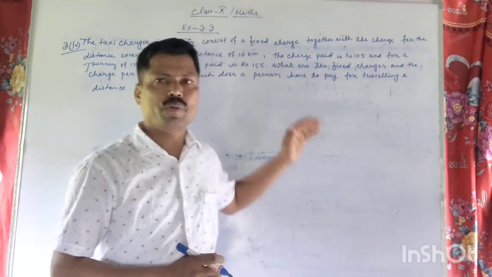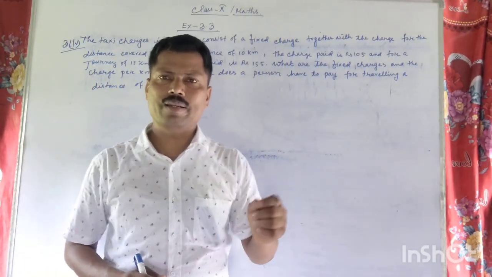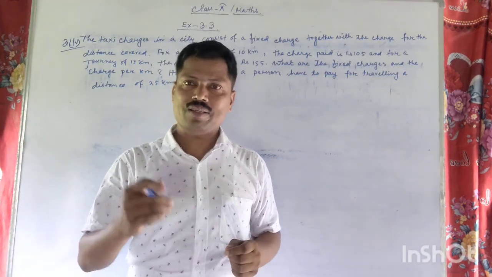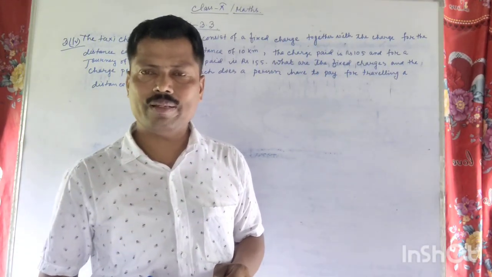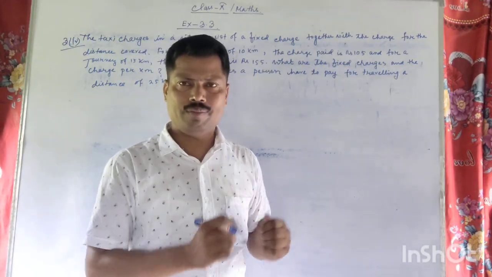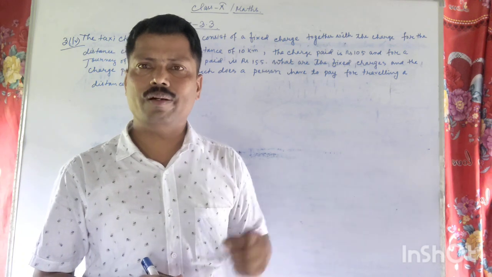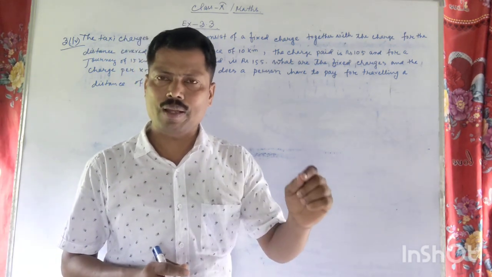So we don't know the fixed charge. So fixed charge equated x and the charge per kilometer equated y. Then total to pay the fare of taxi at that time, x plus y.